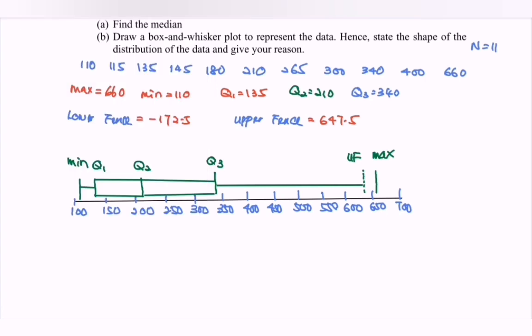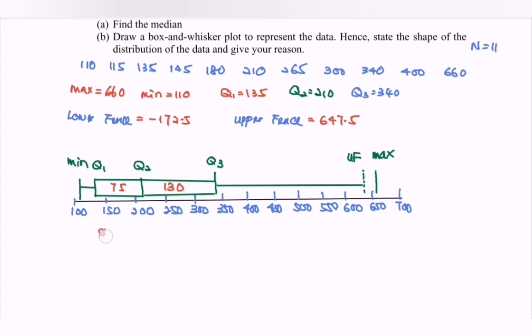Next, calculate the difference between Q1 and Q2. So 210 minus 135, and we have 75. The difference between Q3 and Q2, we have 340 minus 210, so here we have 130. So based on the situation, kindly comment on the data.